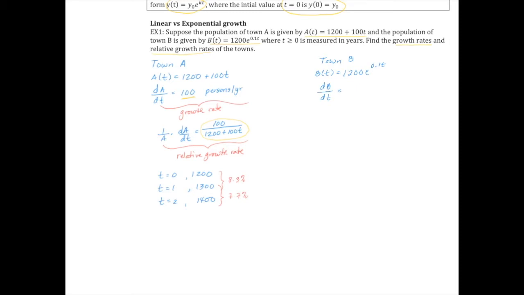And it's an exponential function, so remember 1200 stays the same times the derivative of the exponent, which is just 0.1, which would be 120 e to the 0.1t. So that's the increase in population per year, or persons per year. So this would be our growth rate.